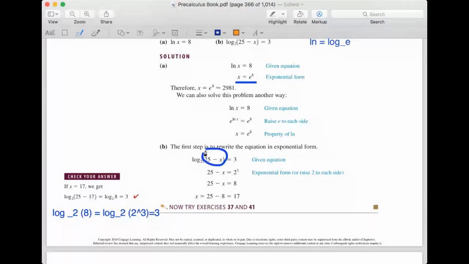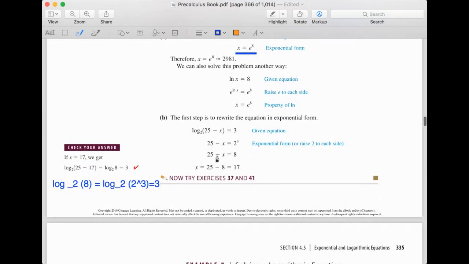The value inside the log equals the base raised to 3. So 25 minus x equals 2 raised to 3, and 2 raised to 3 is 8. We can move negative x to this side, it becomes positive x. Move 8 to the other side, it becomes negative 8. So x equals 25 minus 8 equals 17.